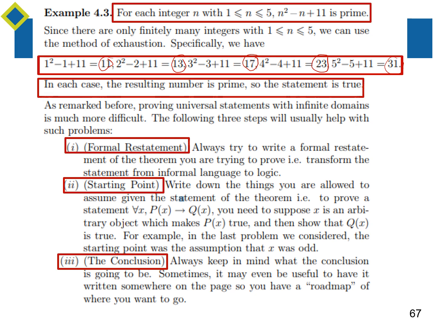To prove a statement, for each x, if p(x), then q(x), you suppose x is an arbitrary object, assume p(x) is true, and then show that q(x) is true. And then the conclusion.